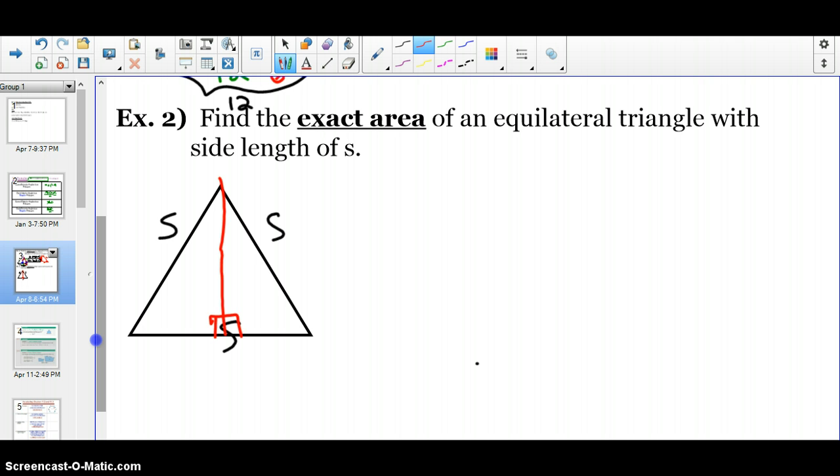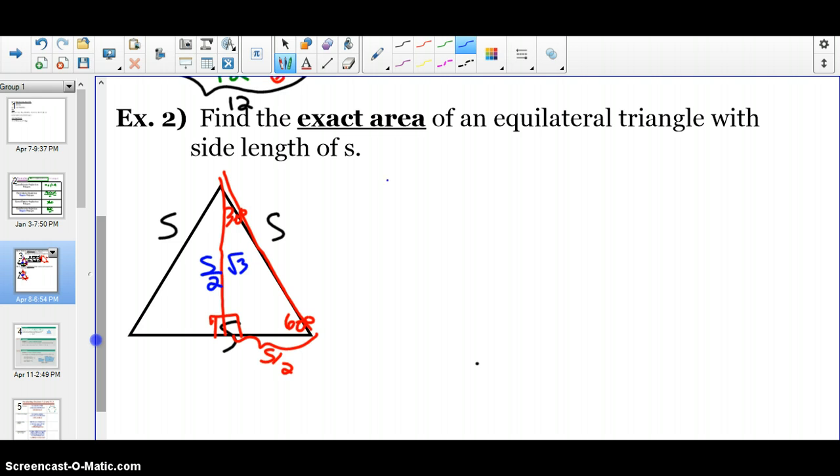Using our special right triangles again, this is our 60-degree angle, here's 30. If we know this side here is s, then this side here is s over 2, which means that our height, I'm going to do this in blue so that we can see, is s over 2 times root 3.